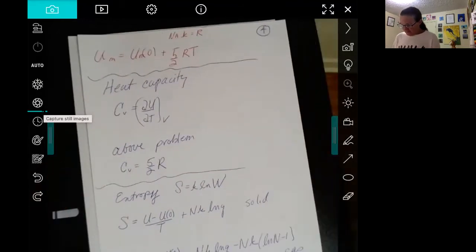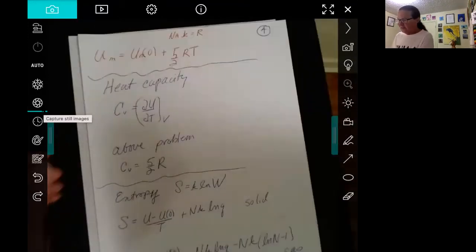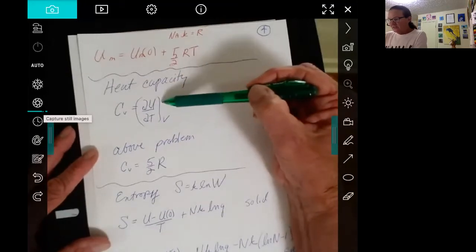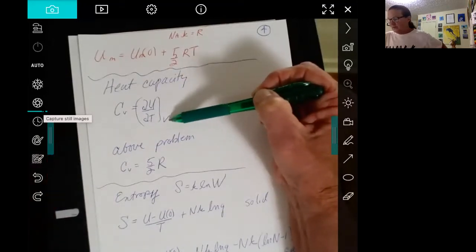Then the next thermodynamic property we can determine is the heat capacity. The next section talks about the heat capacity, and all you really need to remember is the definition: how does internal energy change with temperature holding volume constant.